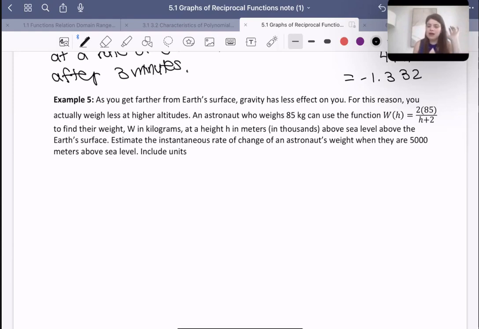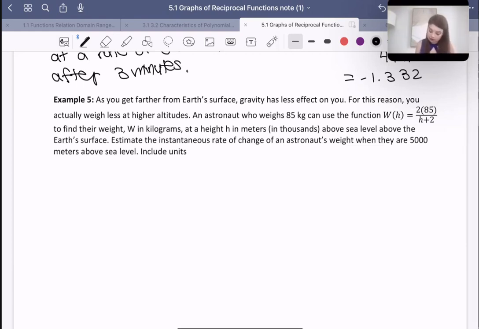Anyway, okay. To find their weight, W in kilograms at a height of H meters in thousands above the Earth's surface. Estimate the instantaneous rate of change of an astronaut's weight when they are 5,000 meters above the sea level. Include units. So H is meters in thousands, so we're actually going to do 5, right?